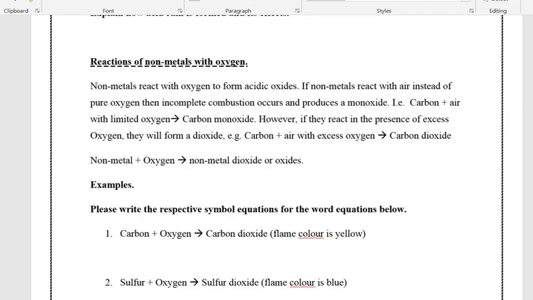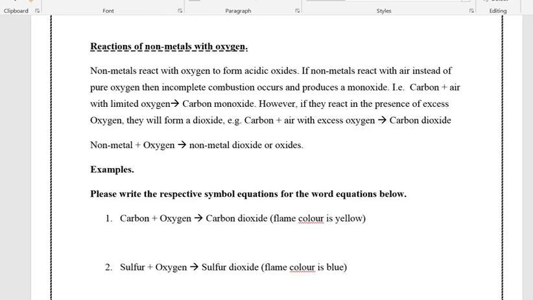Okay, so we said we're looking at elements that we refer to as non-metallic elements. We gave examples of those elements as being carbon, phosphorus, oxygen, sulfur. And when they react with oxygen, what is the product that is formed?